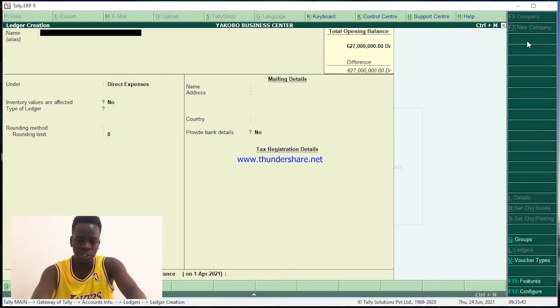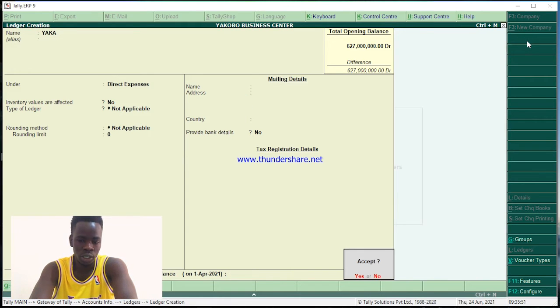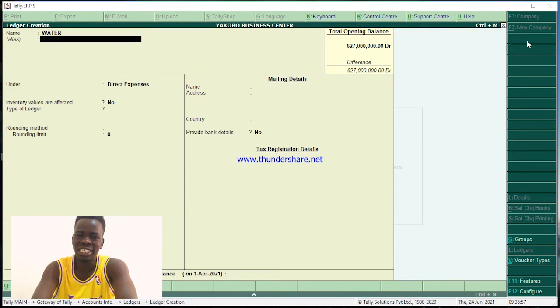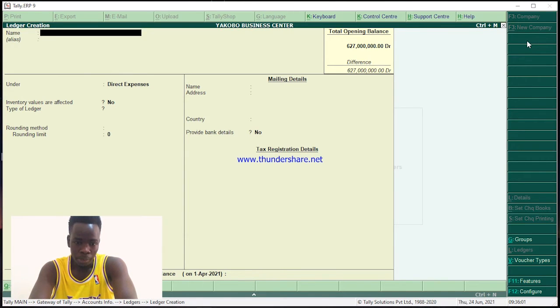So next we are going to create Yaka, direct expenses. We're going to accept this transaction. Another one is water. We're going to pay for water. We just accept it. We don't have to put the opening balance because they don't owe the money.